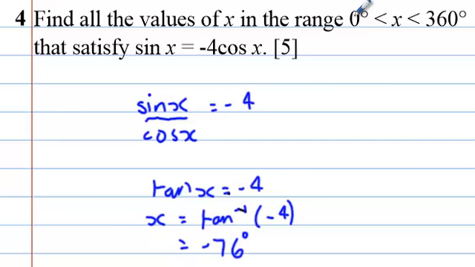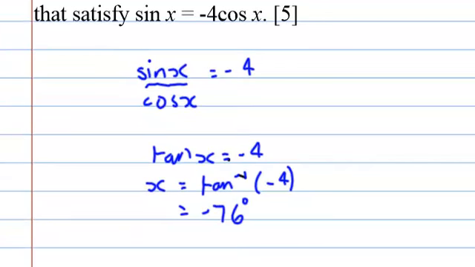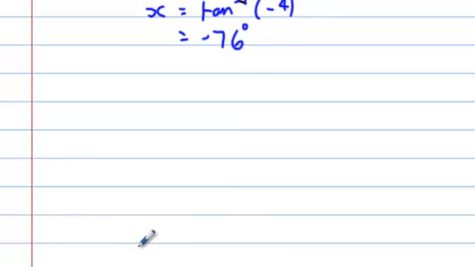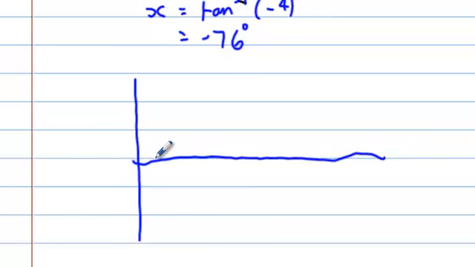That's not in the range that's asked for, so what I need to do is have a little sketch graph that I can work out from there what the possible values are. So if I have a y-axis and an x-axis, I'll just extend this a little bit over here so I can get the negative 76 on.